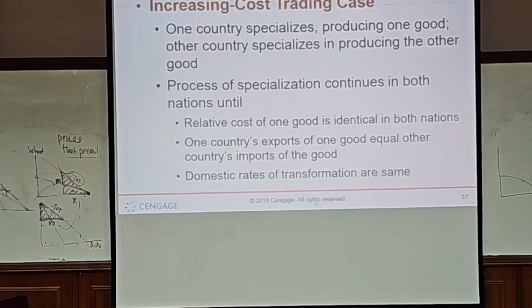Assume this is the autarky point, A. Autarky, right? You can build this slope. Which one is the lower slope?